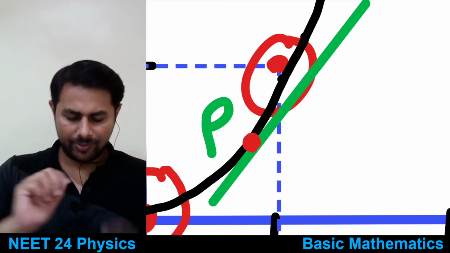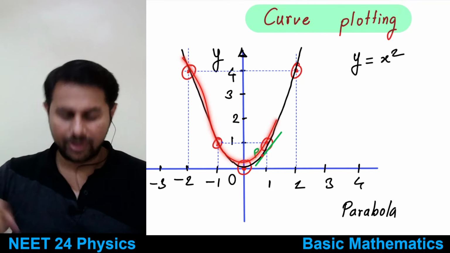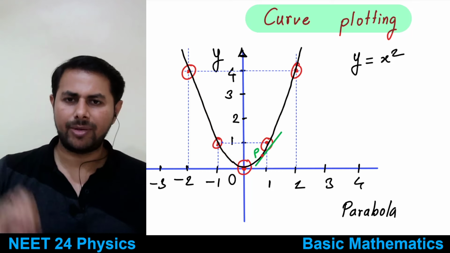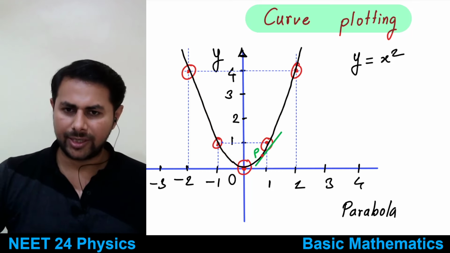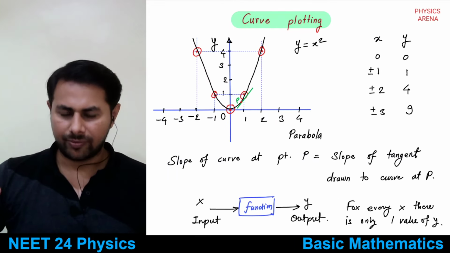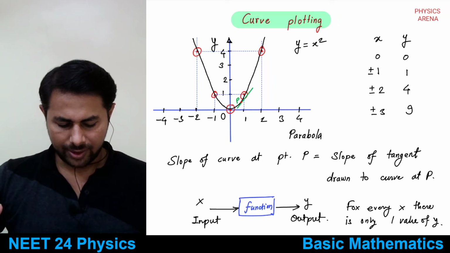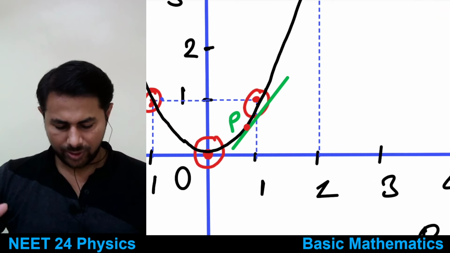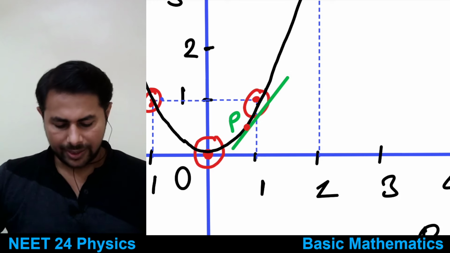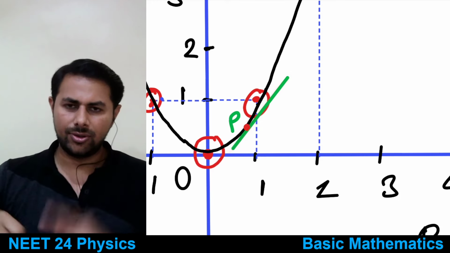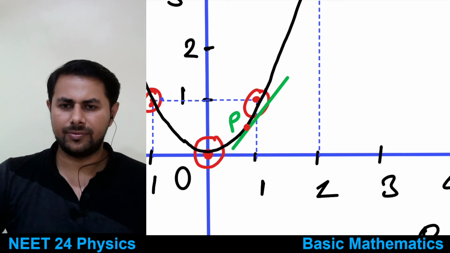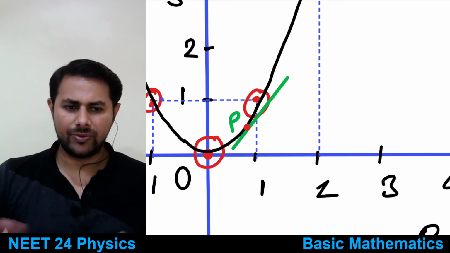A curve will have different slopes at different points, and if you want the slope at a particular point, you will draw a tangent to the curve. So the slope of the curve at that point is the slope of the tangent at that point. This thing is clear, everyone? Yes, no?